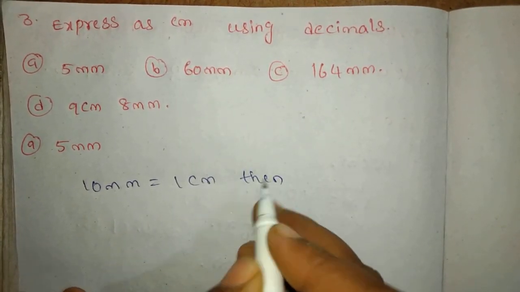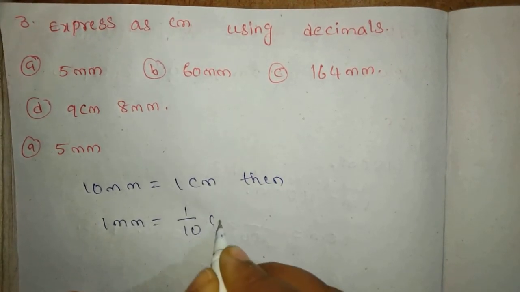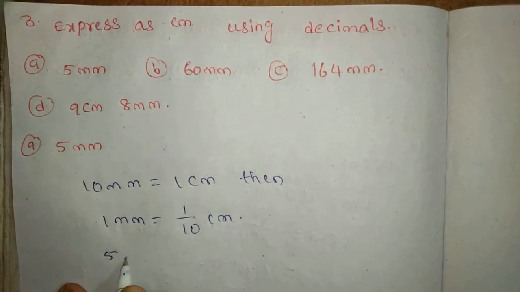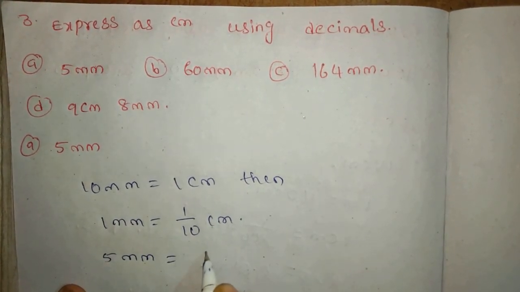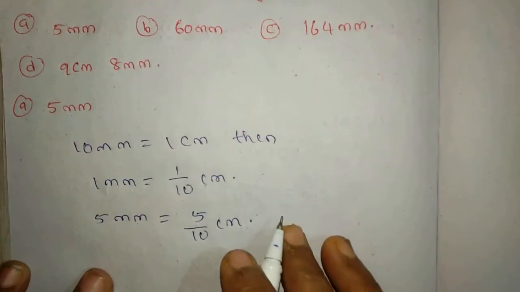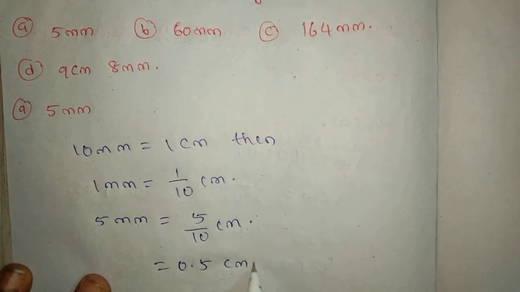Then 1 millimeter is equal to 1 by 10 centimeters. Similarly, 5 millimeters is equal to 5 by 10 centimeters. This can be written as 0.5 centimeters.